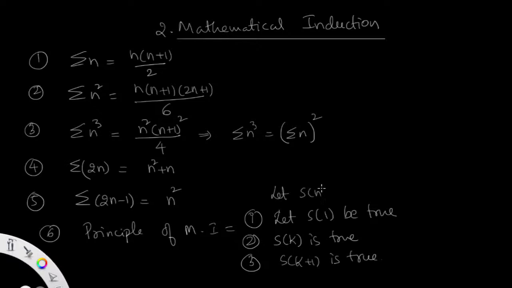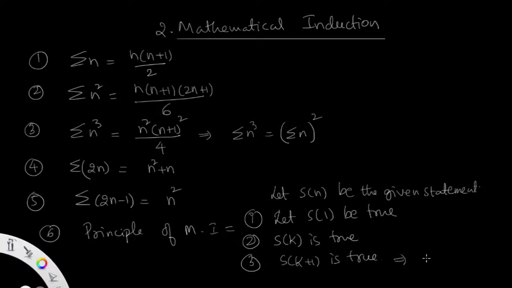The given statement we treat as, let S of n be the given statement. Whatever statement is given, we take it as S of n. Then check it by S of 1, S of k, and S of k plus 1. So these cases are true.